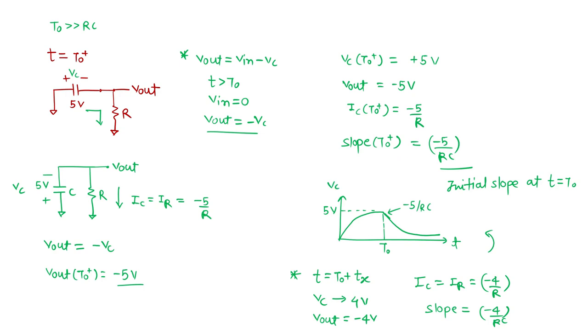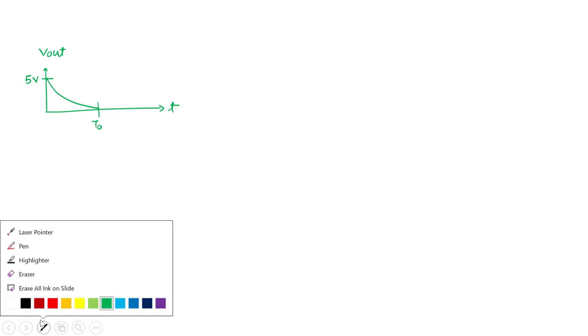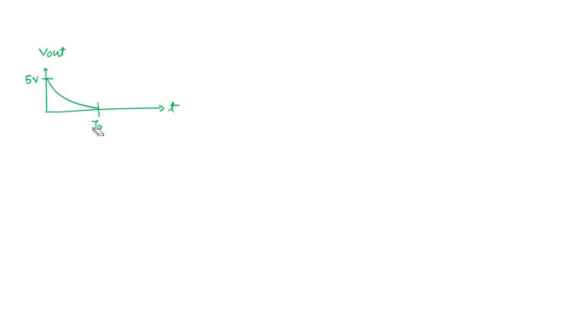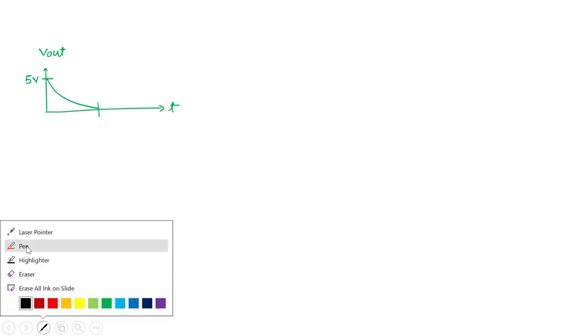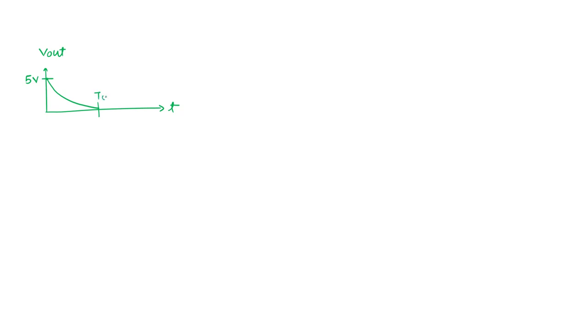Our exact target is to draw the output voltage. What we have seen is that the output was my 5 volt, and it has to decrease to 0. This was 5 volt. This point is your T naught, or I should draw T naught above, because we have to see the exact nature of the plot. So this is my T naught.